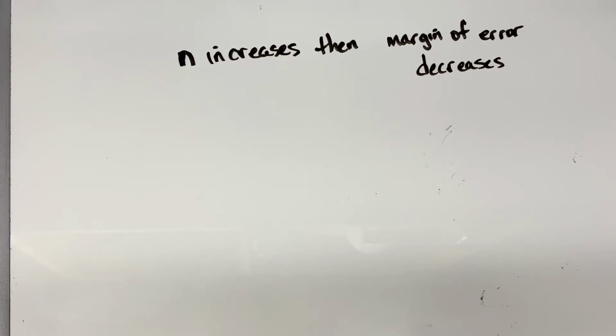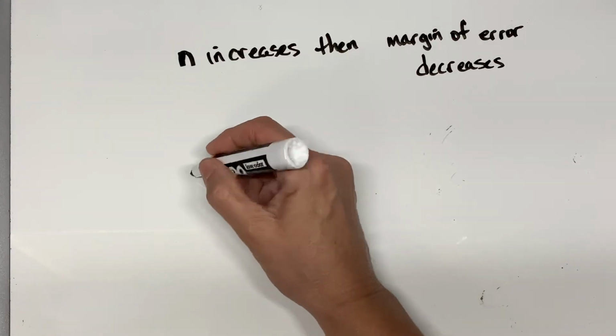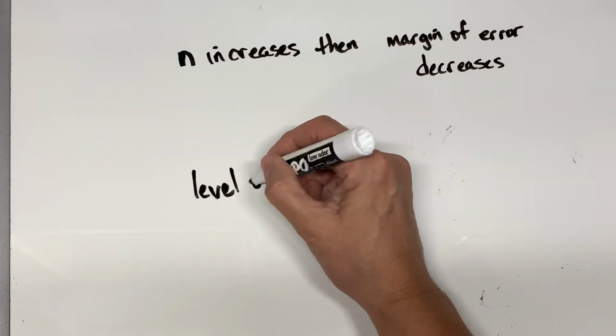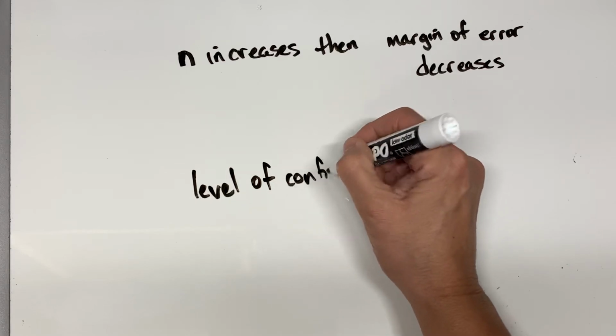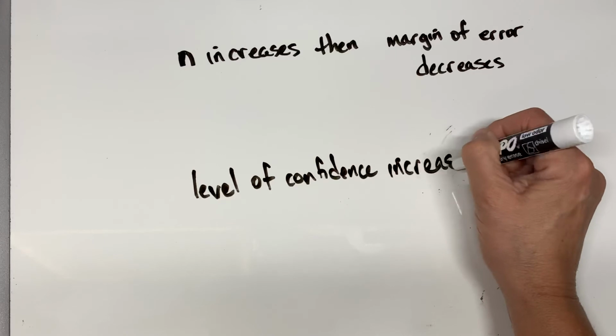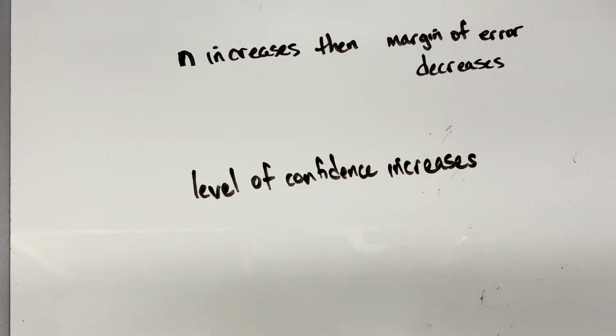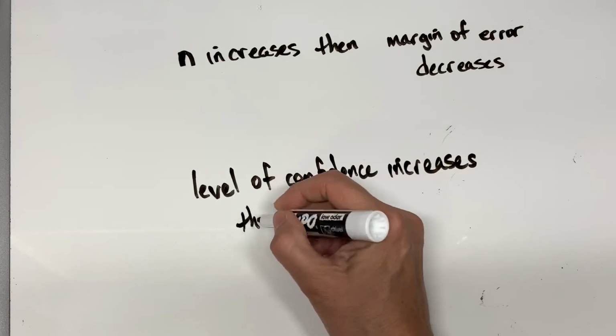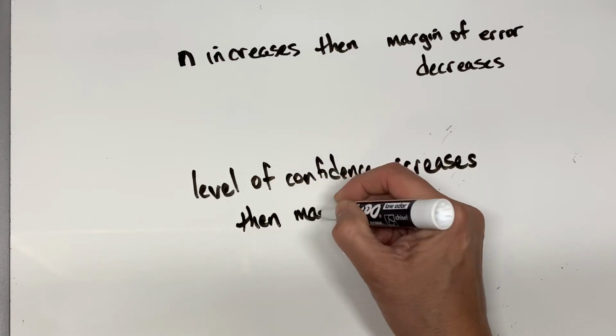So that's one. The second one has to do with my level of confidence. So as my level of confidence increases, so I'm more confident, then what happens to the margin of error?